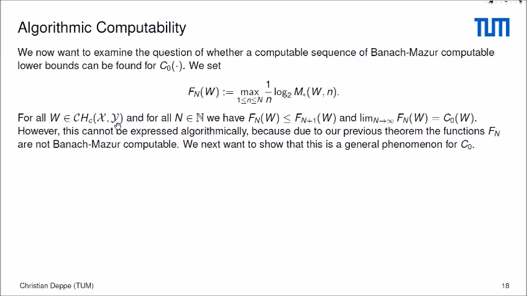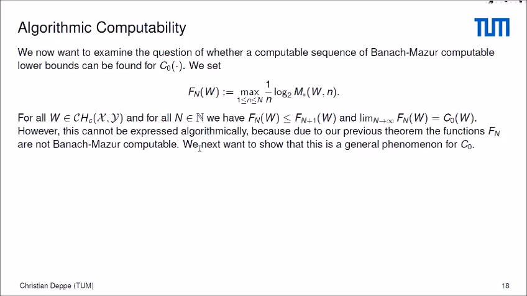And for all W and for all n, we know that Fn of W is smaller or equal than Fn plus 1 of W. And of course, we know that the limit of n to infinity gives the zero error capacity. However, this cannot be expressed algorithmically, because due to our previous theorem, we know that the functions Fn are not Banach-Mazur computable.